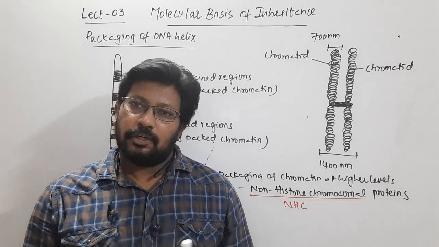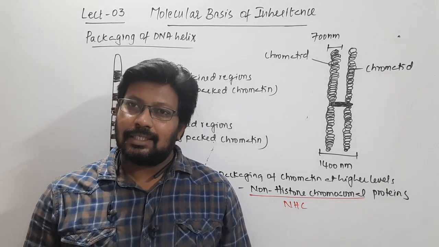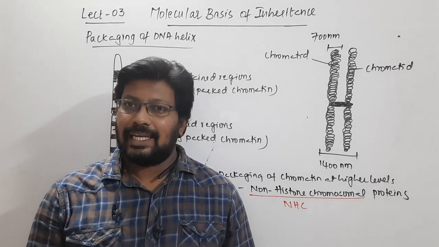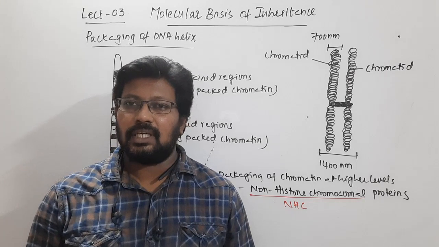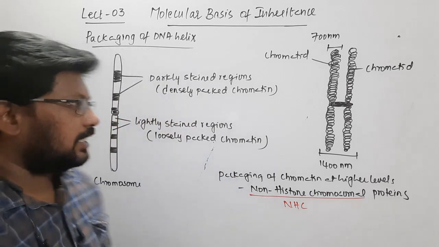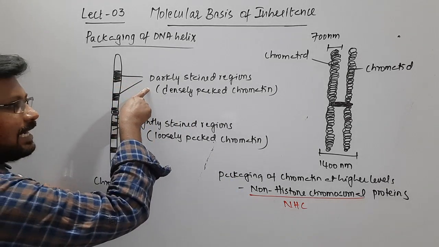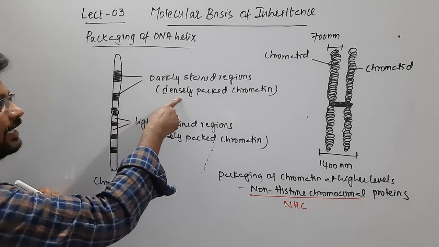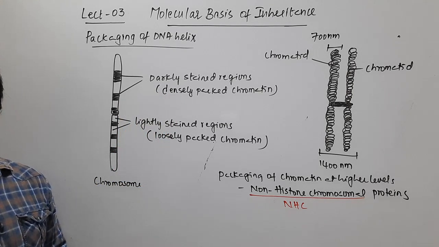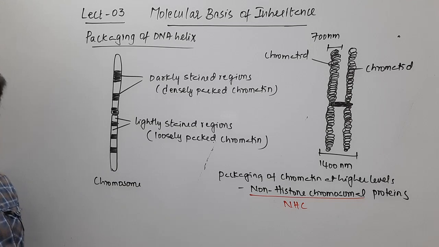So where you put more coils of the thread, the darker will be the blue color, and where you put less coils of the thread, you will see light color of that blue. The same thing here. Wherever we see the dark regions on the chromosome, it indicates that there the chromatin is packed tightly, and in this case it is loosely packed regions.